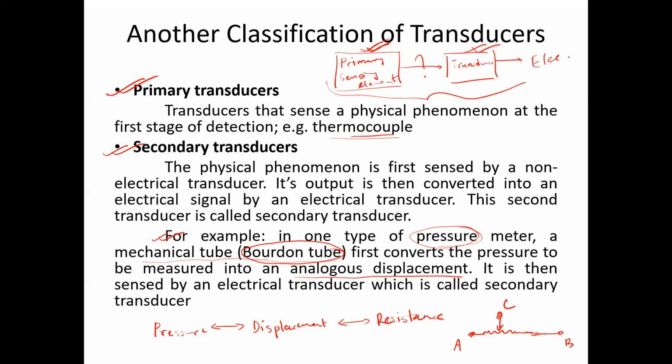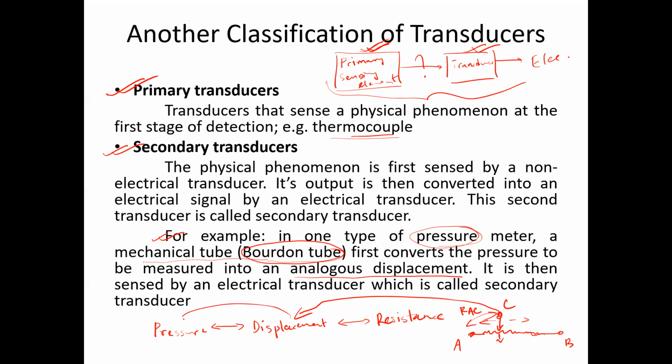If the slider is attached to the displacement generated by the mechanical sensor, then with respect to that displacement, this slider will move back and forth, and the resistance at the location where the slider is located can be considered the equivalent change in the displacement.